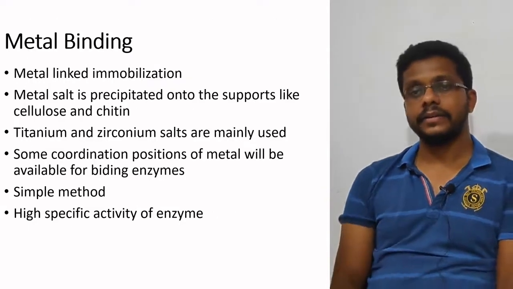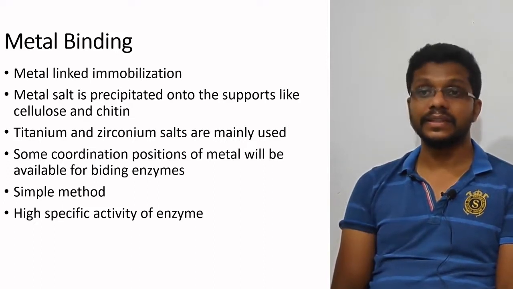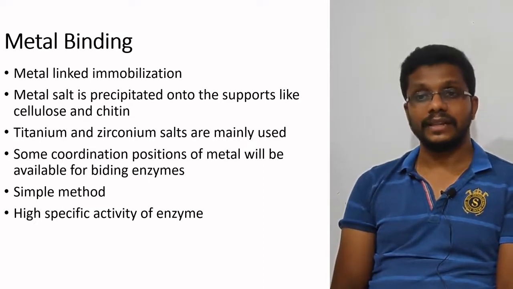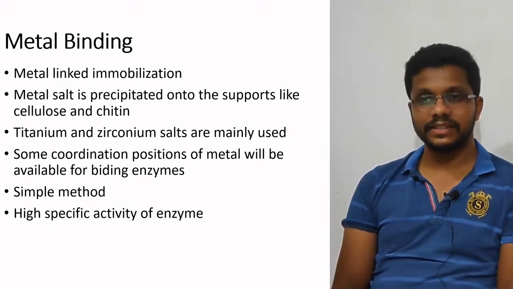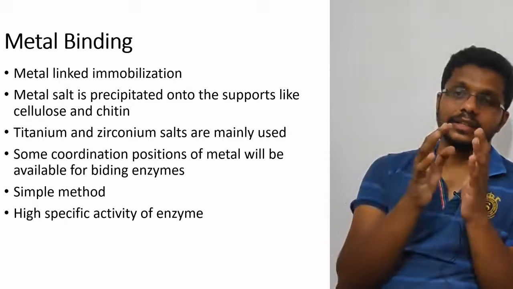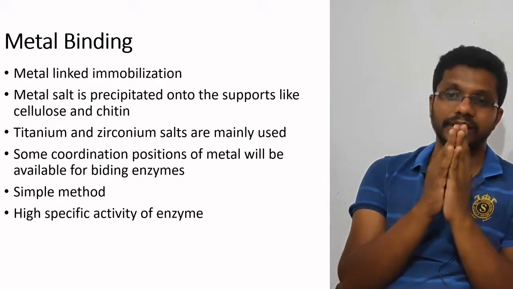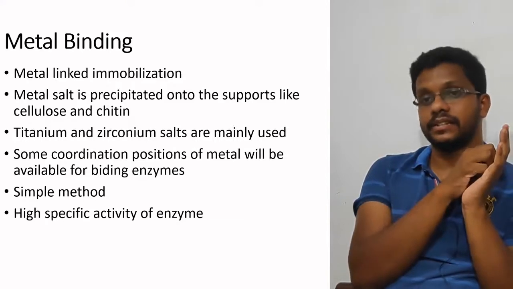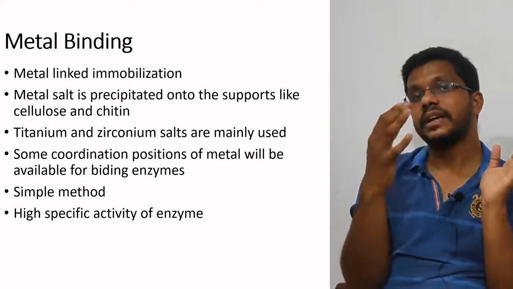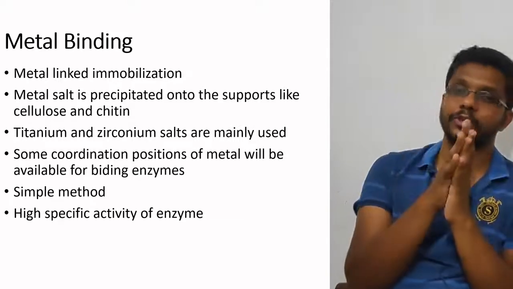Metal binding is also a reversible method. Charged metals are used for immobilization. In this case, a solid support like cellulose or chitin will have metal salt precipitated onto the support, and this metal salt aids the binding of the enzyme to the solid matrix.